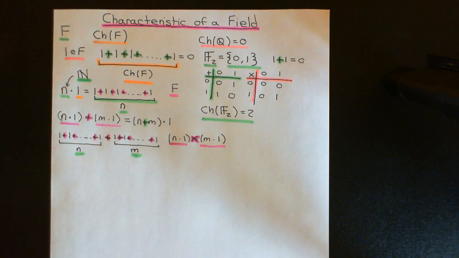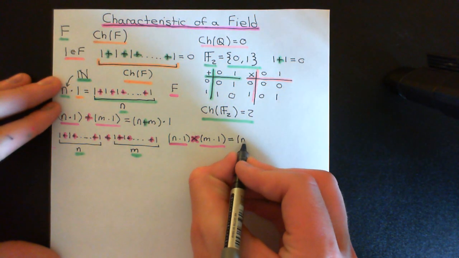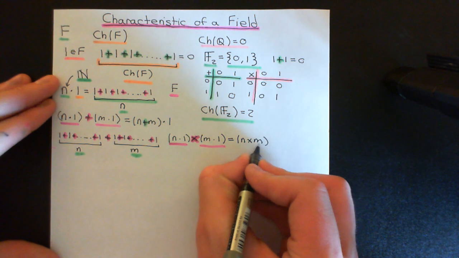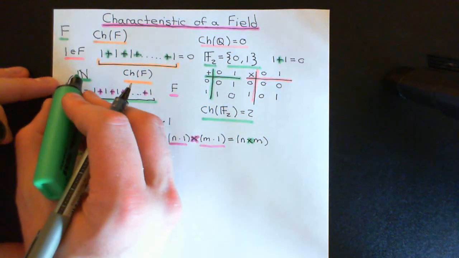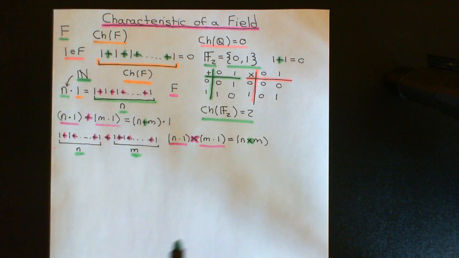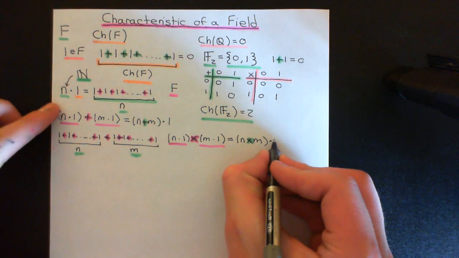So what is this going to equal? Well, you might be able to guess this. It's going to equal n times m, where again this now means multiplication in the natural numbers, or if you prefer, this subset of the integers, which we're very familiar with, and then dot 1.